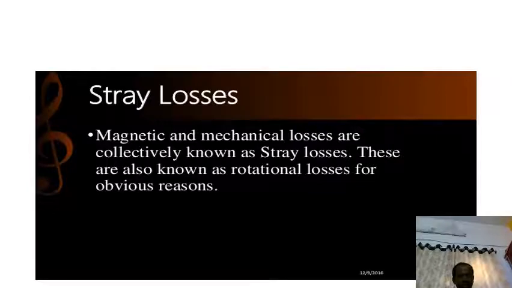Next, magnetic losses. Magnetic losses, also known as stray losses, are eddy current loss and hysteresis loss. The hysteresis loss, denoted WH, is proportional to Bm to the power of 1.6 times f.